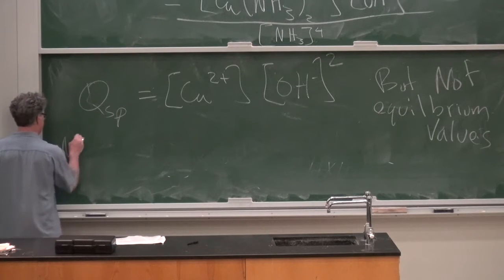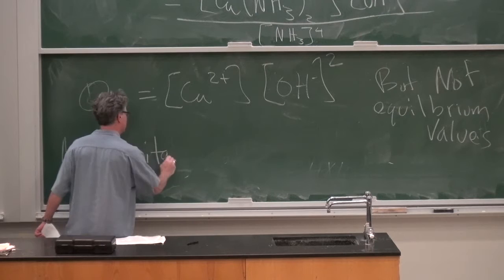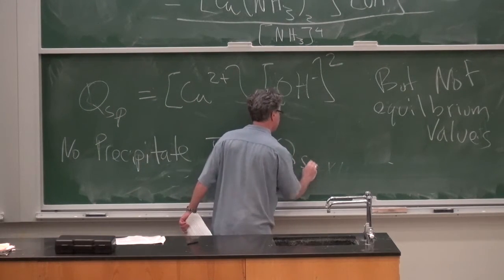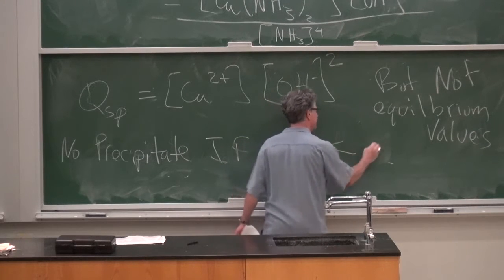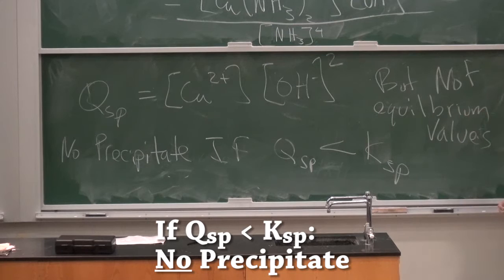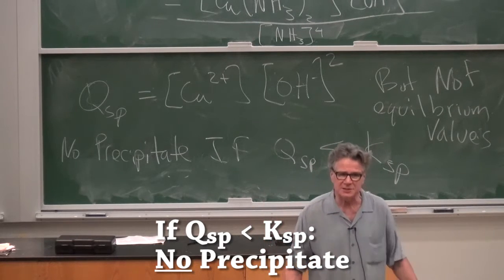Now we know that a precipitate won't form, no precipitate, if QSP is less than KSP. So you don't get a precipitate at low concentrations of copper. What does the ligand do?